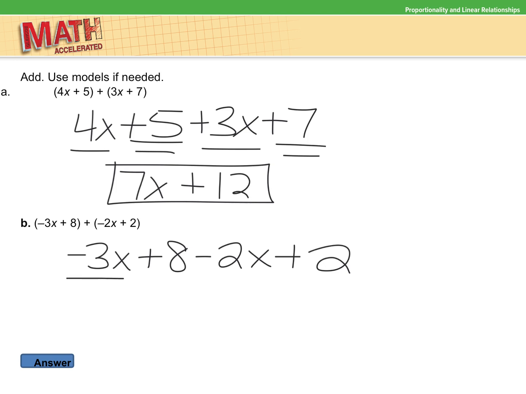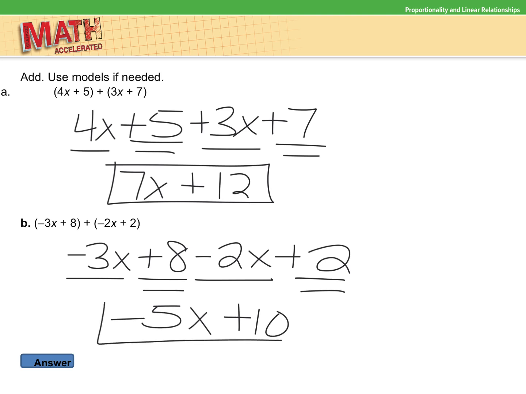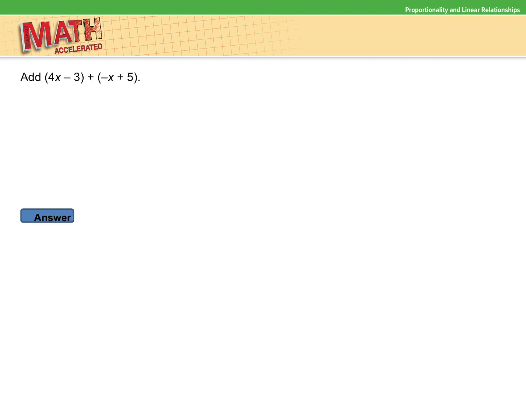Combine like terms. Negative 3x minus 2x. Negative 5x. And then we have 8 plus 2. Plus 10. Any questions on these? Okay, go ahead and try the last slide by yourself.